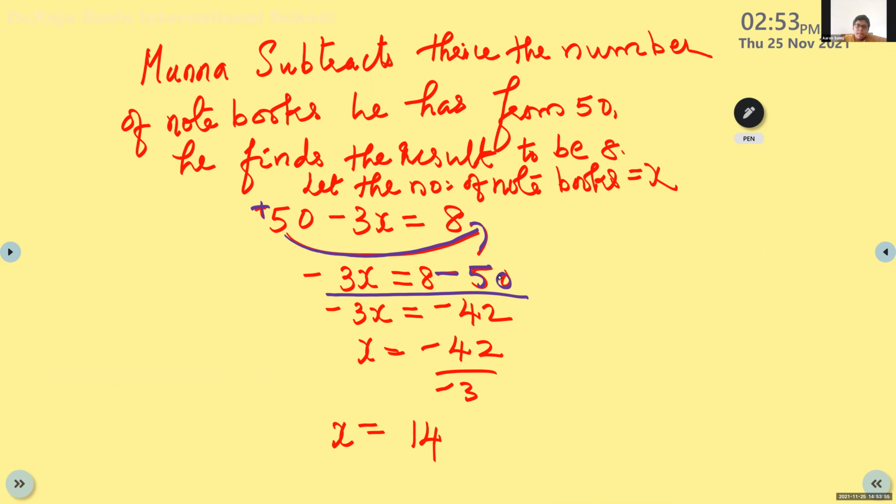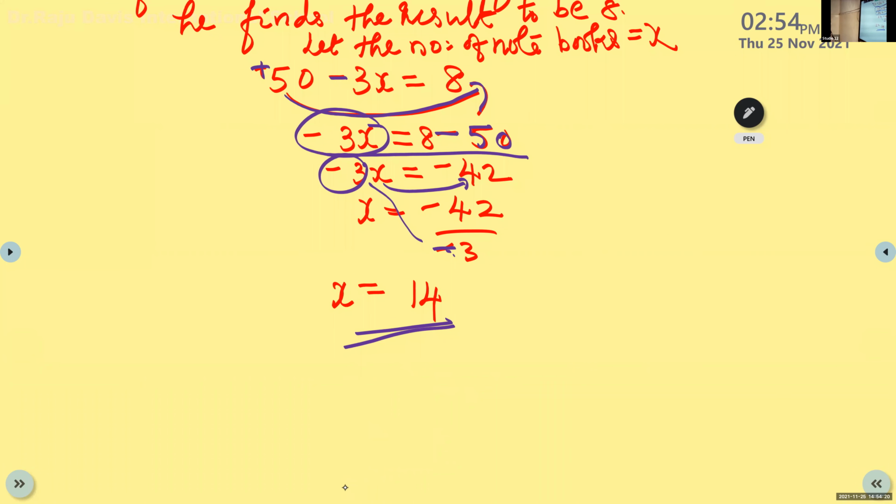Now here it is minus 3x, that we cannot take, it stays there itself. Now minus 3 we will take down. It will become the denominator, isn't it? This is the numerator here. So when you transpose, it will become the denominator, minus 3. Then you will get the value of x. Is it clear? Yes, ma'am.